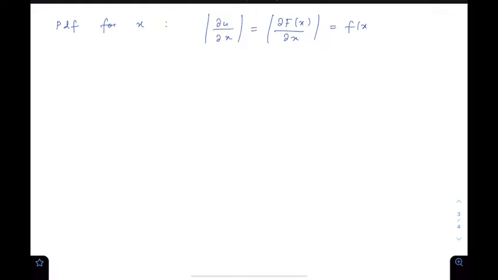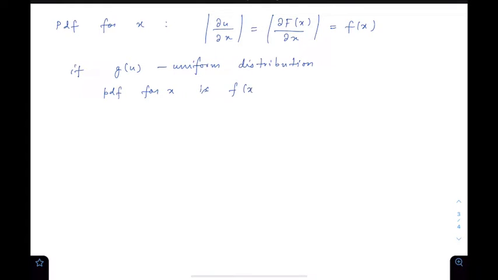So if g of u is a uniform distribution, then the PDF for x is f(x) as desired.